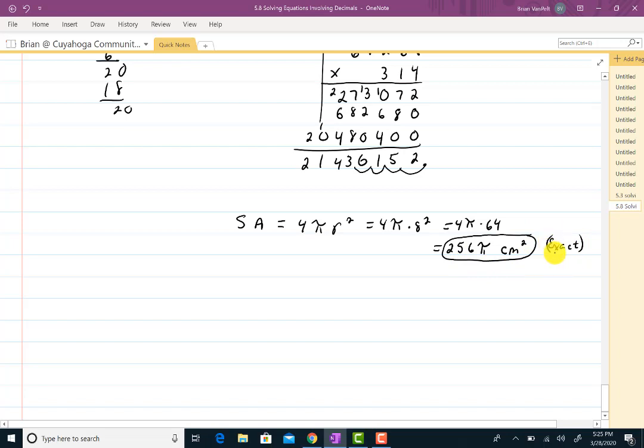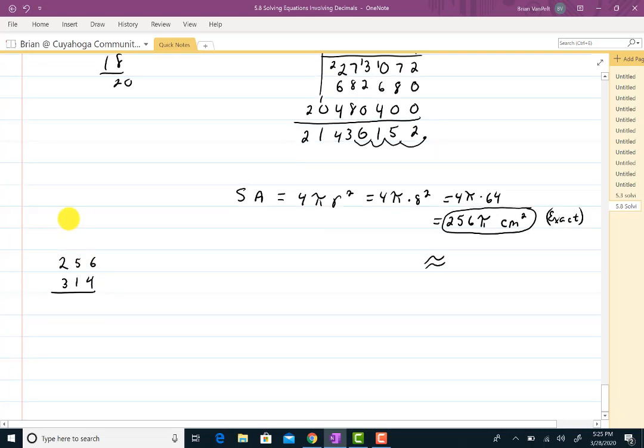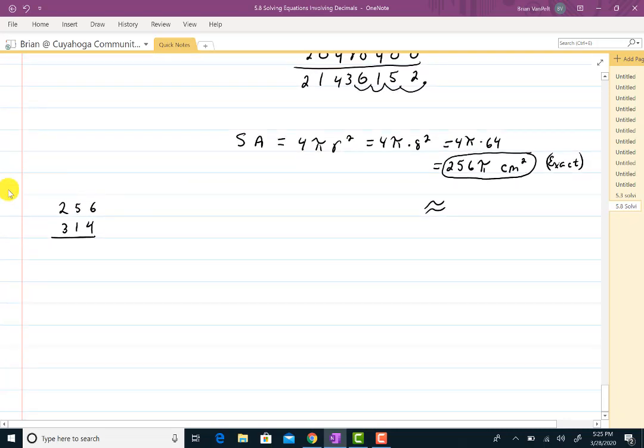Now, if I want an approximation to it, I'll do 256 times 314, and then I'll move the decimal 2 places when I'm done with this, because 3.14 had 2 decimals. So let's go ahead and do this multiplication. 4 times 6 is 24, carry the 2. 4 times 5 is 20, 22, carry the 2. 4 times 2 is 8, plus 2 is 10.